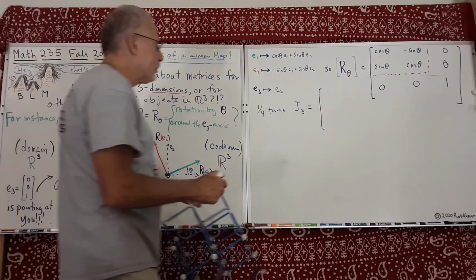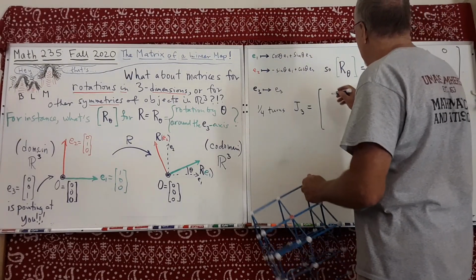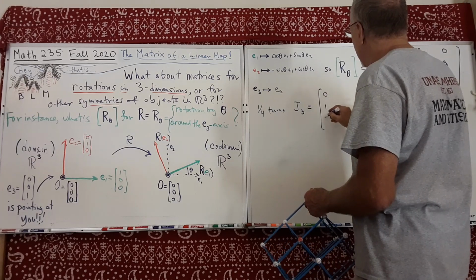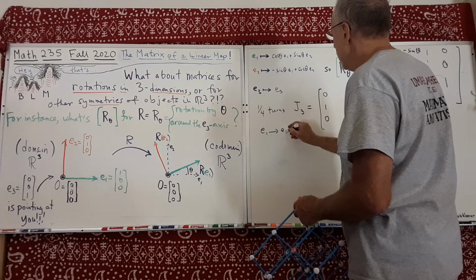So we can quickly write those down. Okay, since E1 goes to E2, I get that. That's reflecting E1 goes to E2.